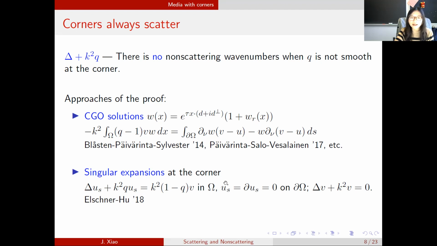It will start with H2, and which is also C alpha with alpha positive. So using these techniques, we can do singular expansion, and then at the end derive contradictions, step by step using singular expansions and comparing the powers of the radius.